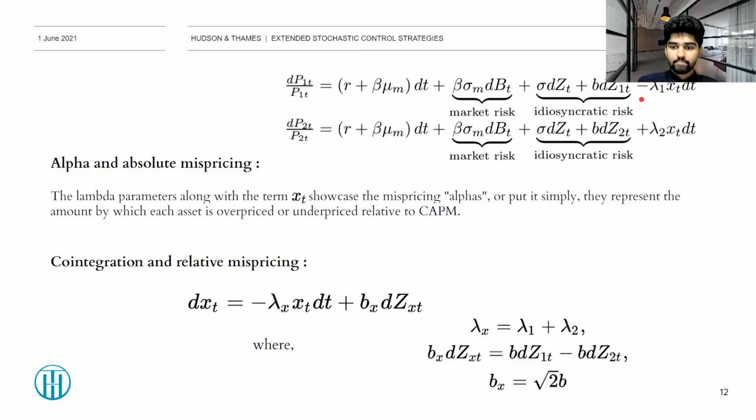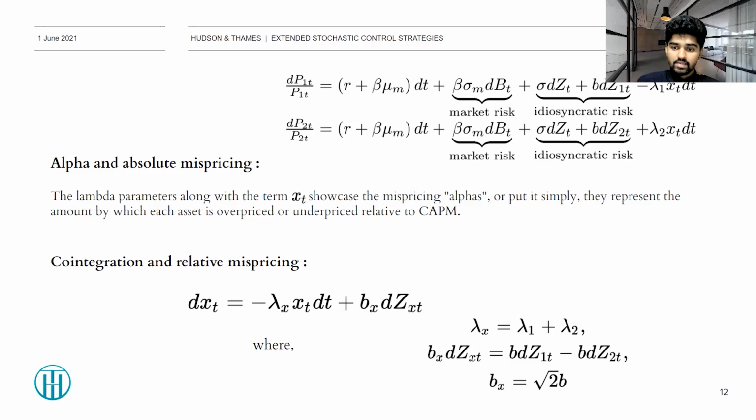And in this case, suppose that minus lambda 1 of xt is greater than 0. If this value is greater than 0, asset 1 has a higher expected return than is suggested by its risk, which means it has a positive alpha, and that implies that asset 1 is underpriced.